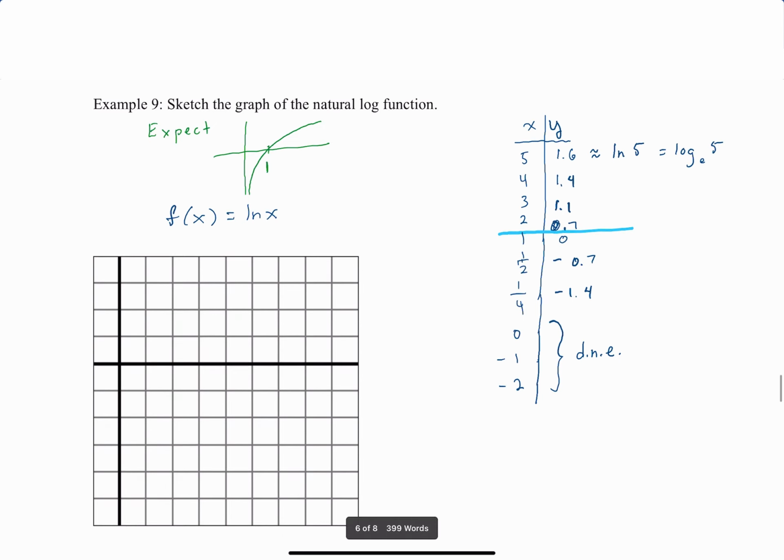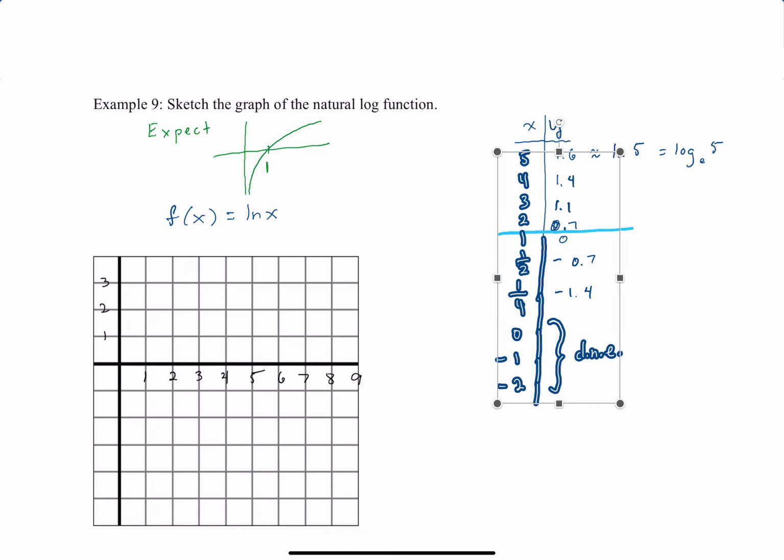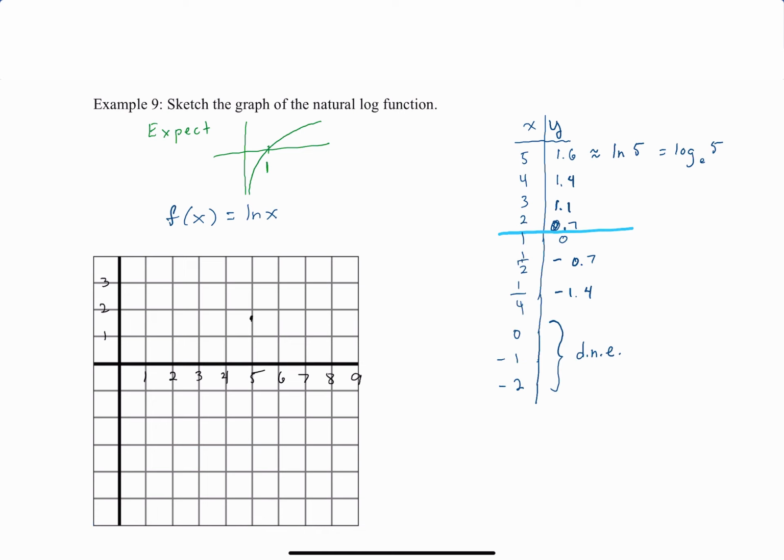Okay, let's plot those points. I need to label some coordinates here. Let's just make them units of 1 again. Okay, so we have 5, 1.6. That's about there. We have 4, 1.4.